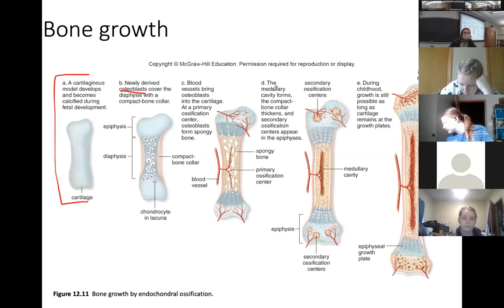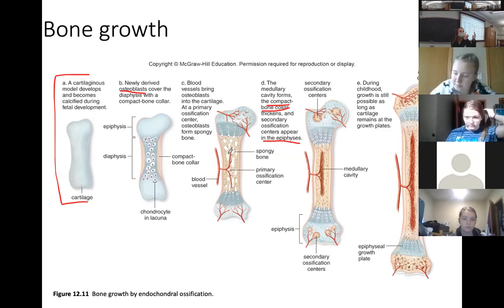Then the medullary cavity forms, the compact bone collar thickens, and the secondary ossification center appears in the epiphysis. So we start off with cartilage. That cartilage brings in the osteoblast. The osteoblasts make the spongy bone. Then we start to have the compact bone.